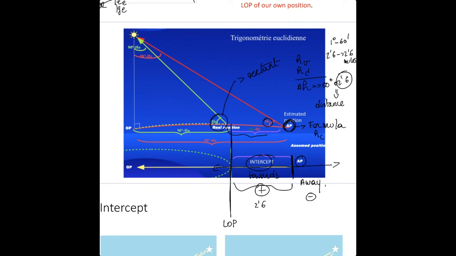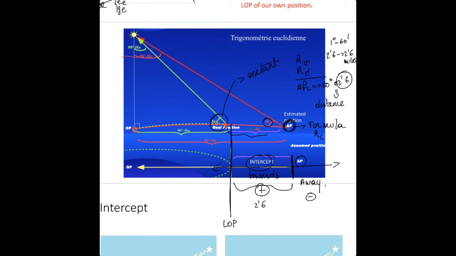Okay. And what is the line of position? The line of position is nothing else than a line tangential to, this is our geographical position, when we have the observed or the true altitude. This is the true altitude that we measure from our sextant.